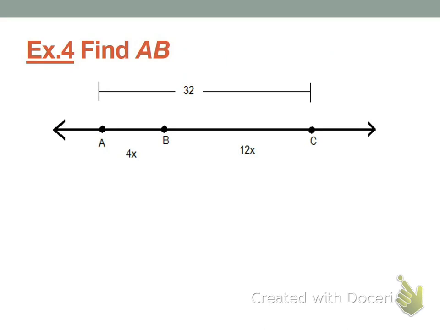All right, if you have not already done so, let's look at example 4. Now, if we were just doing this very simply like we did in our setup, then we would be writing out a statement like AB plus BC is equal to AC.